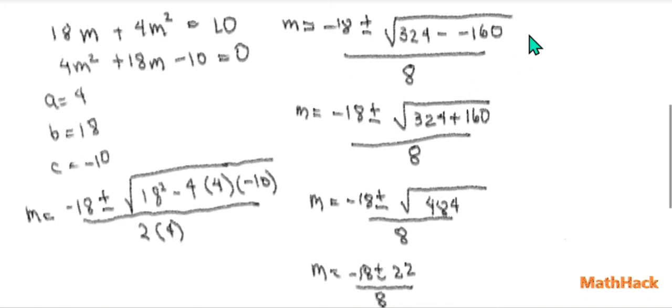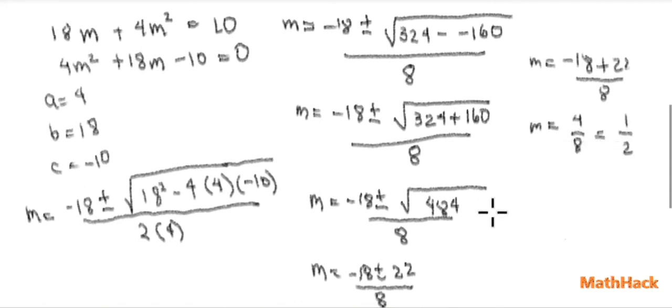So, yung una, we have m equals negative 18 plus 22 over 8. Okay? So, m is equal to negative 18 plus 22 is positive 4 over 8. Simplify natin yan, 4 over 8. Divisible sila pareho by 4. So, 4 divided by 4 is 1. 8 divided by 4 is 2. So, that is just equal to 1/2.